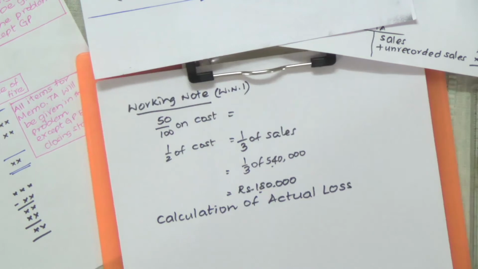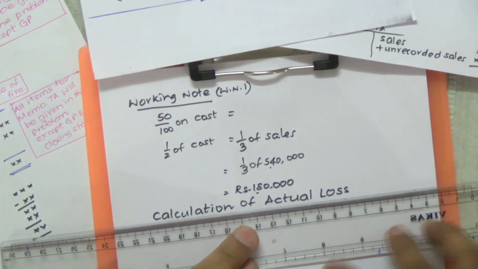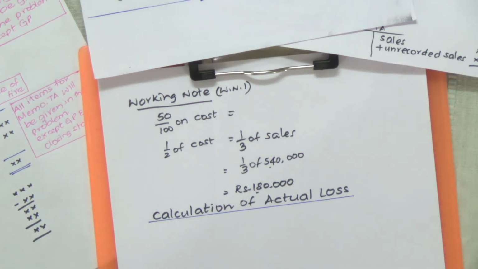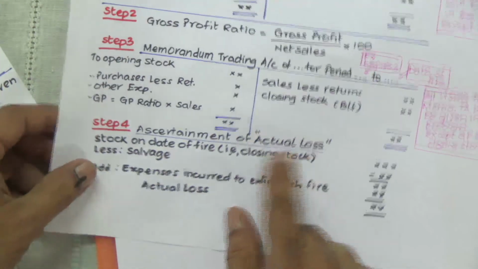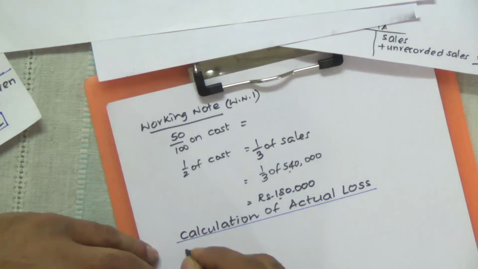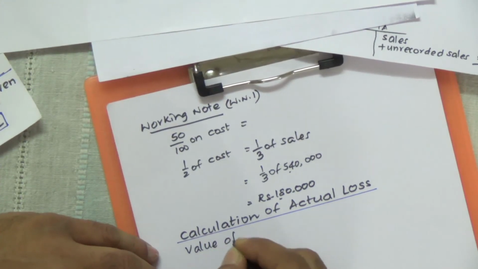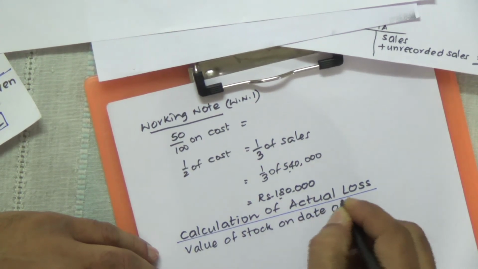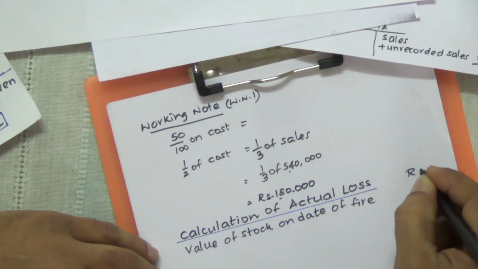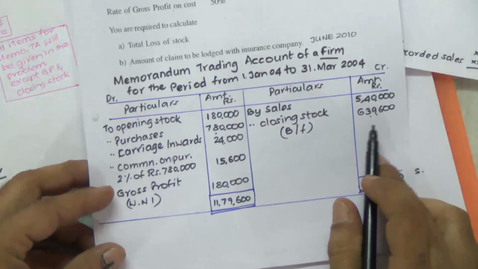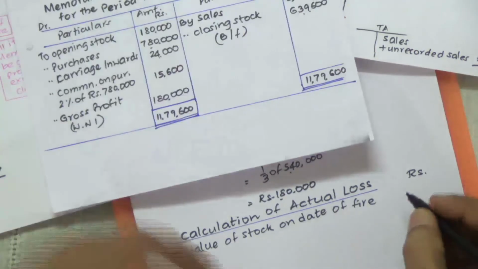We know as per our template, our template for ascertainment of actual loss starts with stock on date of fire. That is the closing stock. So I'm just going to take the value of stock on date of fire. That is our closing stock. Closing stock is 6,39,600. I'm just going to take that.